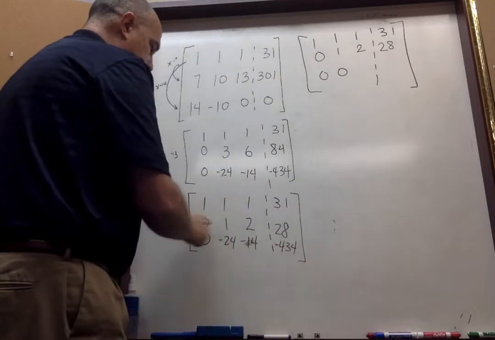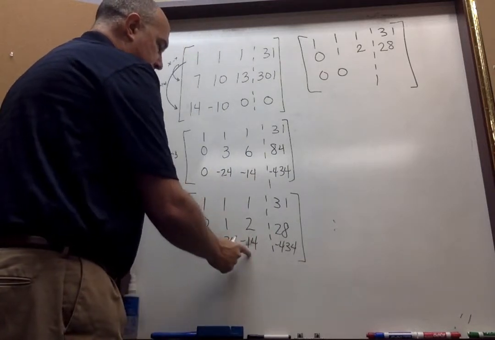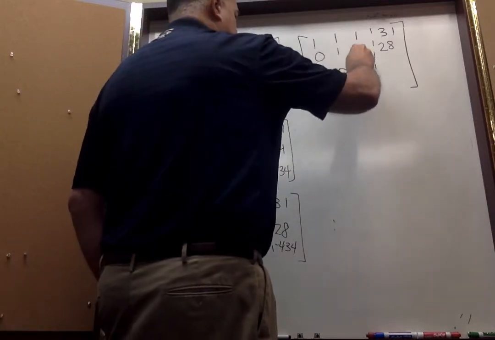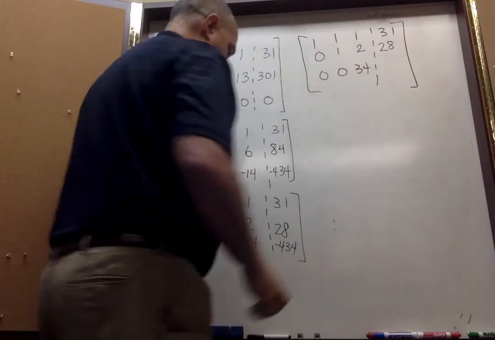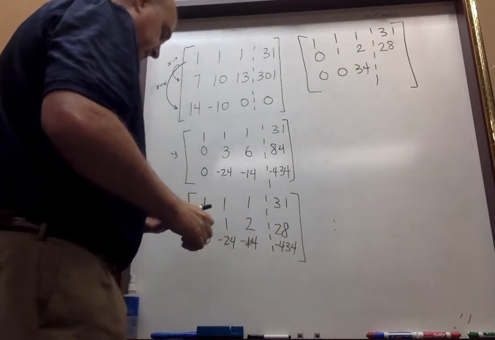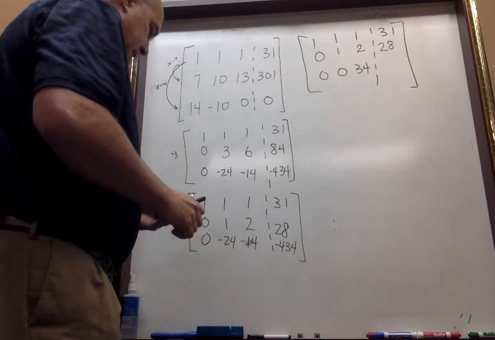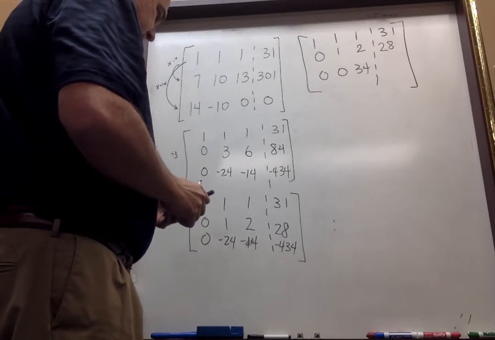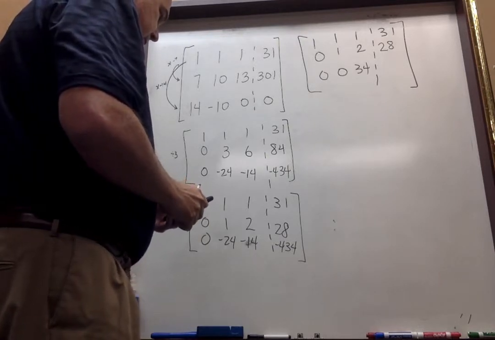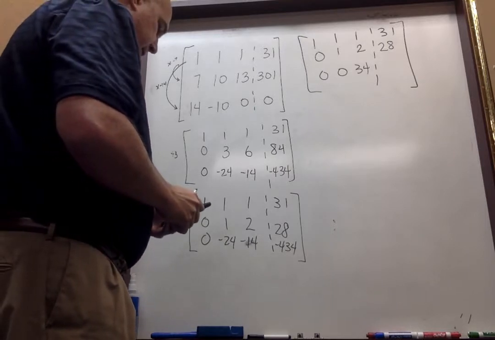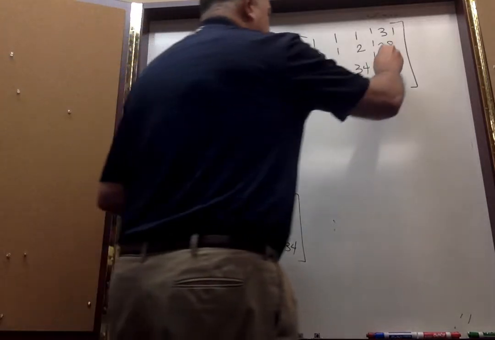I like that. 48 plus negative 14 is 34. And then this last one, let me get my calculator out. So 24 times 28 equals 672 minus 434, and I get a 238.